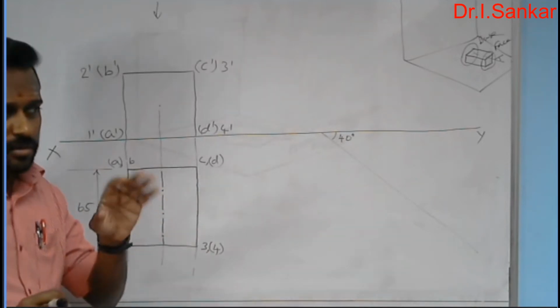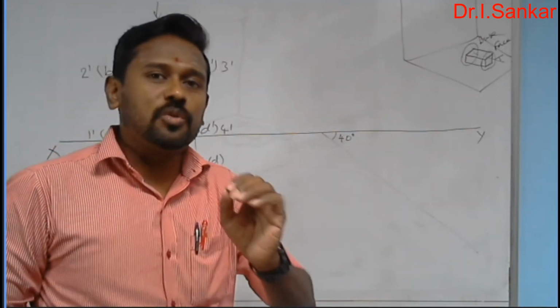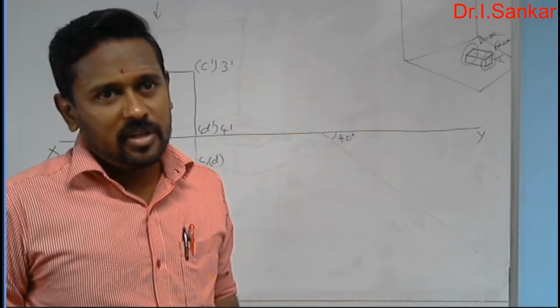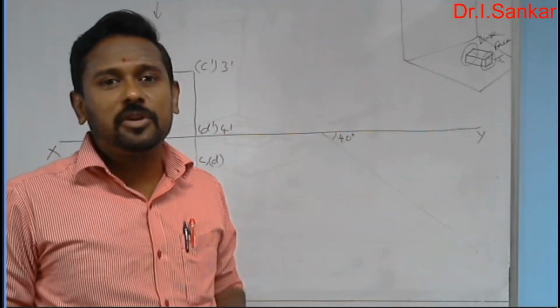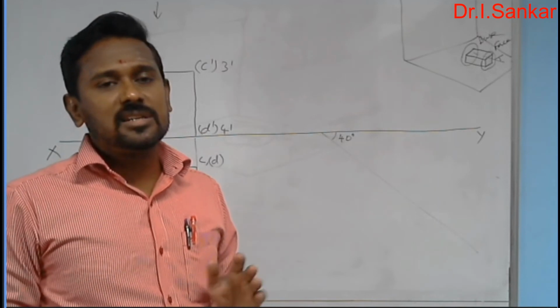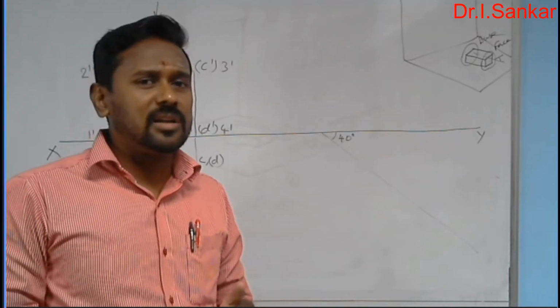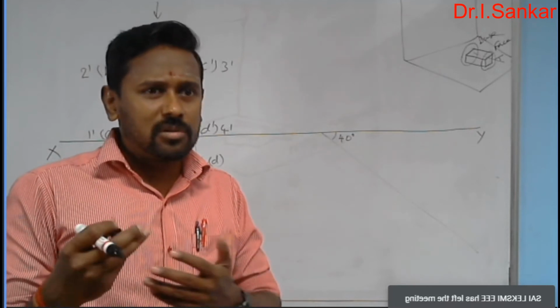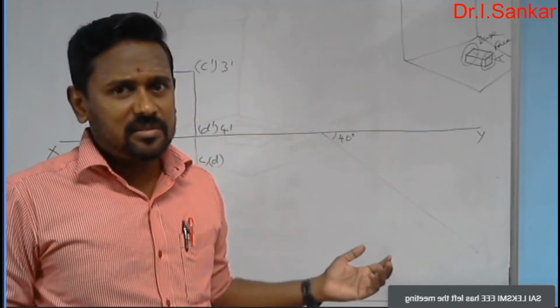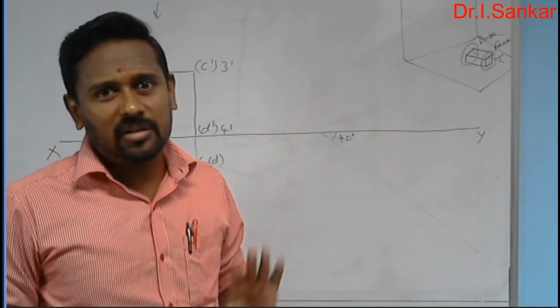I am continuously insisting you use your drafter for this task. If you don't use your drafter, definitely the angularity relations between the side edges and the base edges will be violated. Obviously, we are human beings. We are not able to control the mistakes that happen due to normal scale usage.